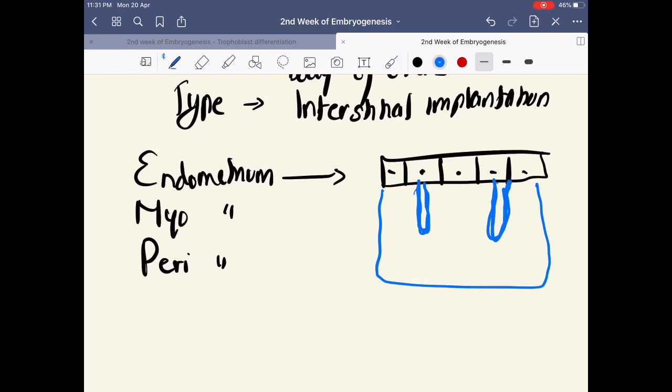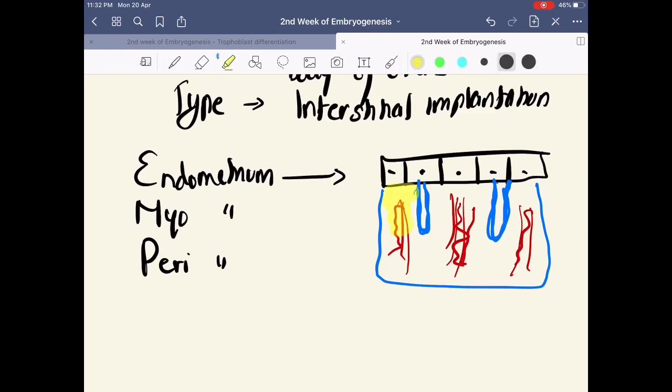You also have blood vessels inside the stroma, the spiral arteries and all. What I am highlighting in yellow is the stroma. Clear?